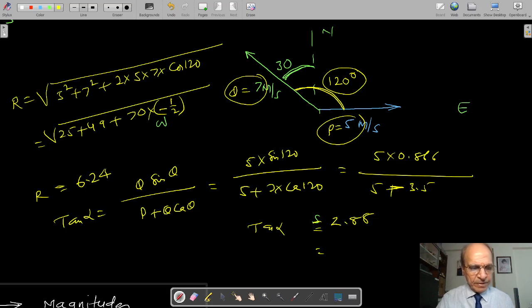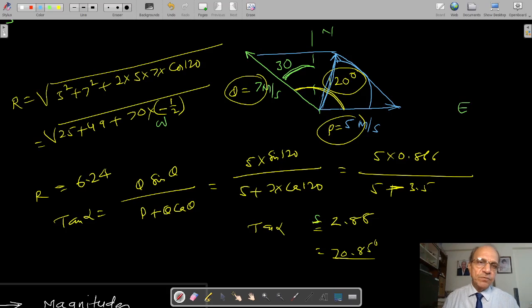So this is 70.85 degree. This is the angle, and this angle we had measured from here. So somewhere here will be the resultant. You can see if you draw a parallelogram like this, this will be the resultant. Its length will be 6.24 and angle will be 70.85.